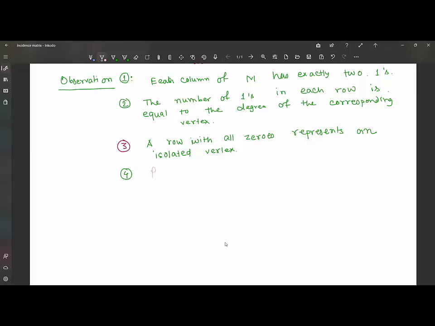This is another observation: parallel edges in a graph will produce identical columns in the incidence matrix.